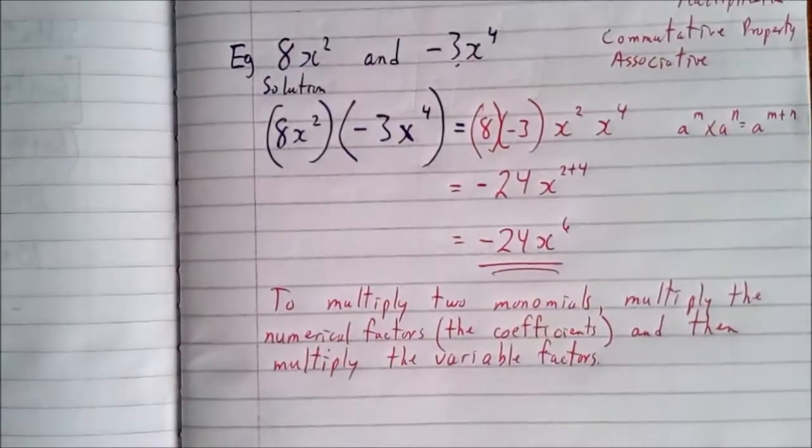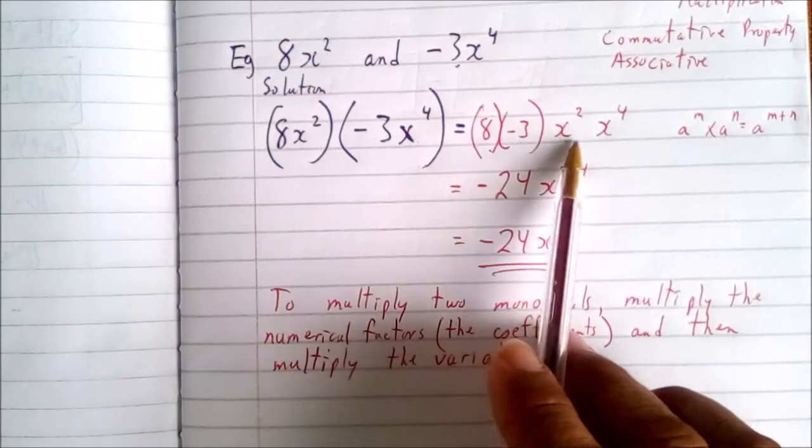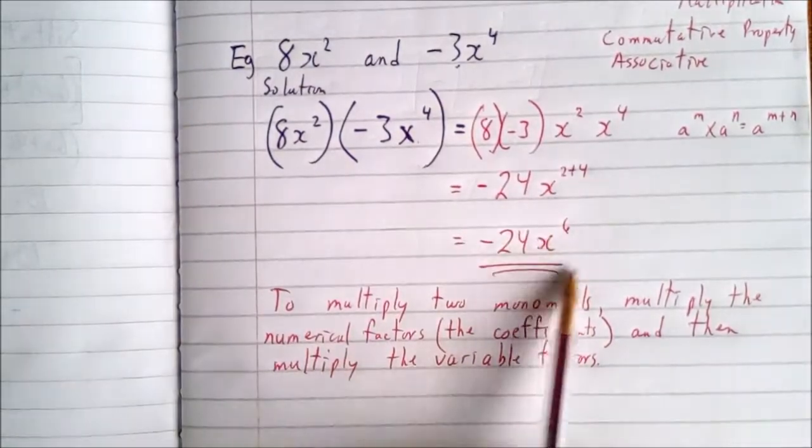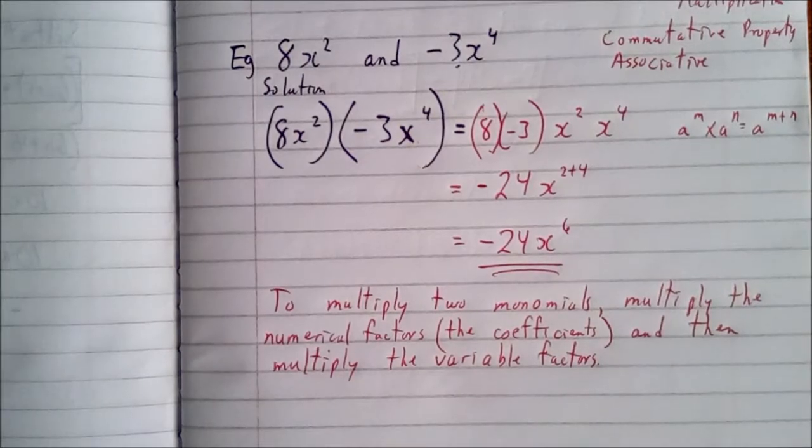That's what we did there. We simply multiply the two coefficients and then the variable factors, and we apply the law of indices. So let's try a few more examples before you attempt some on your own also.